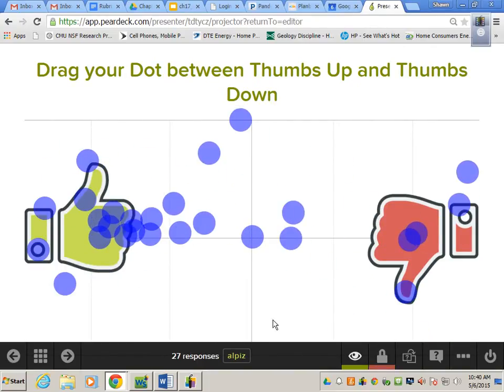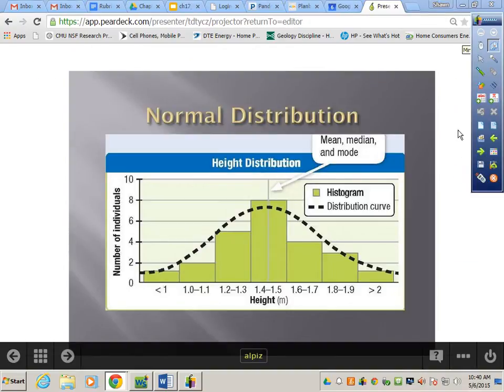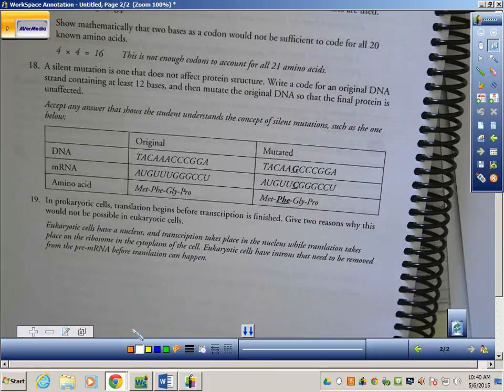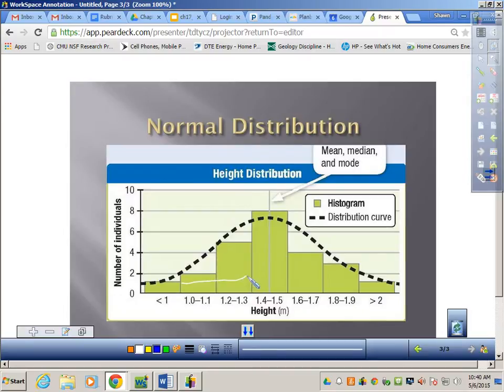Exactly. So what would happen is this, and we'll talk more about this in the next lecture. If, let's say, one year the food source was higher up in a tree, this bell curve would shift directionally to the right.